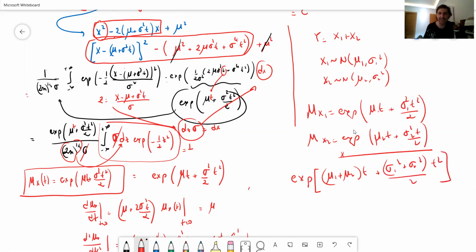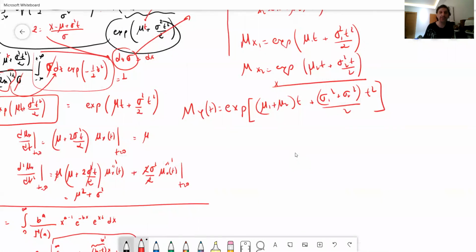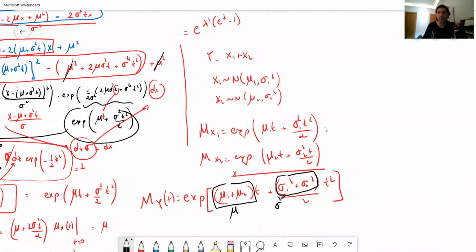And note that this moment generating function found for Y again obeys the same form that we have determined for the normal distribution, with the new distribution mean μ and the new distribution variance σ².